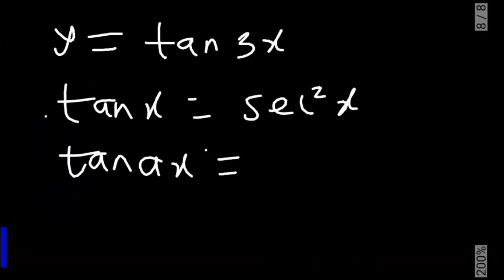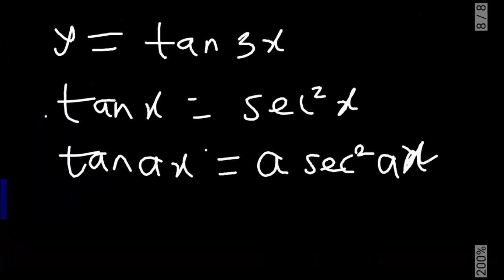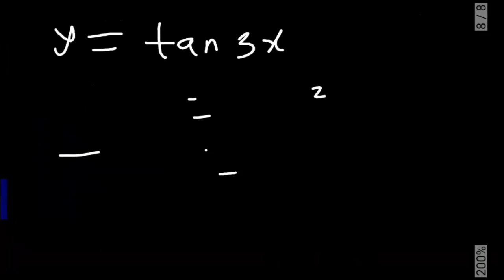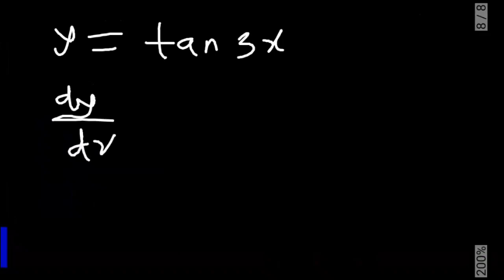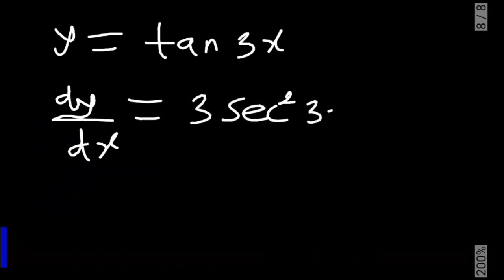Then the derivative would be a, that coefficient, then sec squared ax. So the derivative of this trigonometric function is this. We pick the coefficient 3, then sec squared 3x. This is the derivative of this function.